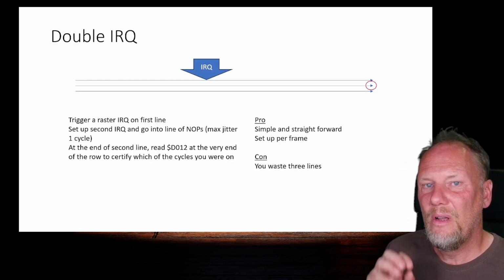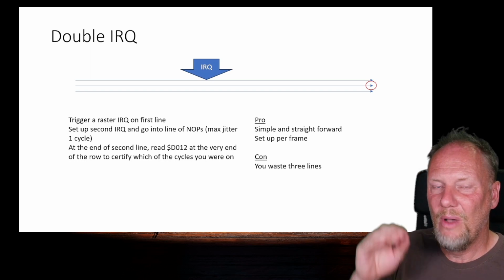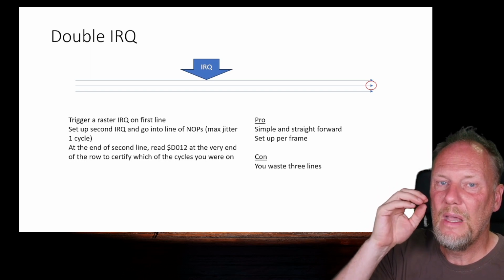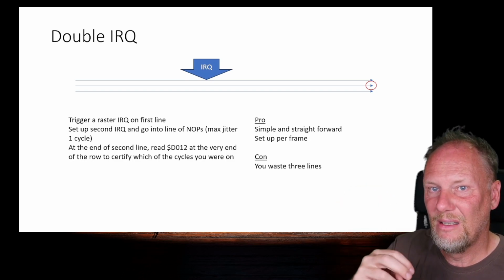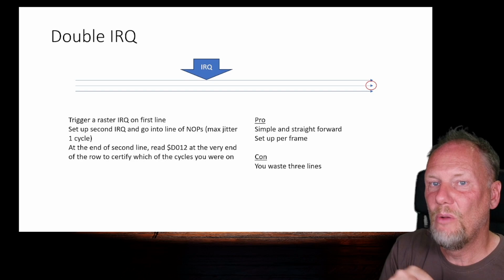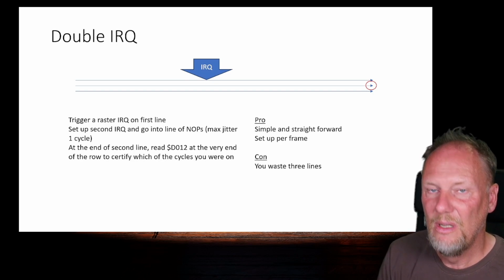What you do here in the double IRQ is that you have an, and I should also mention here that when the IRQ hits, the CPU needs to complete the instructions.